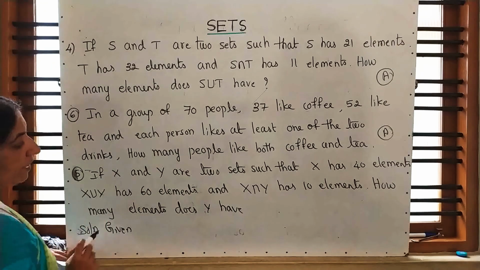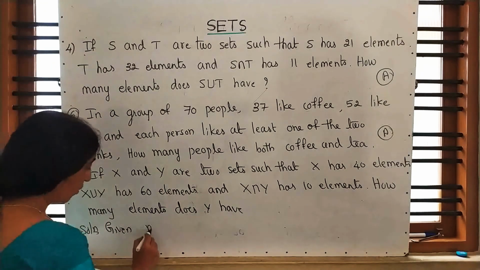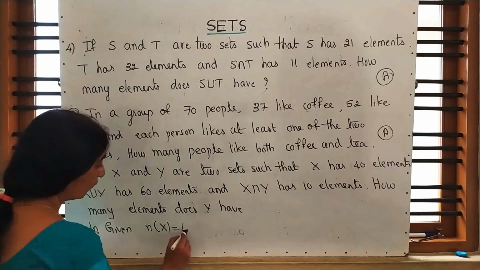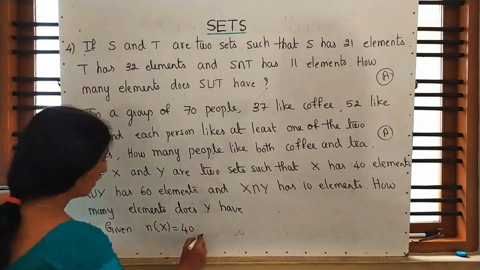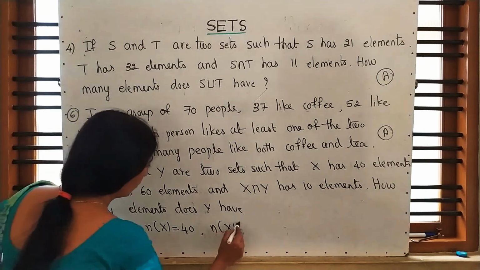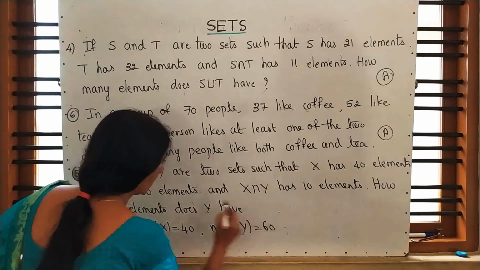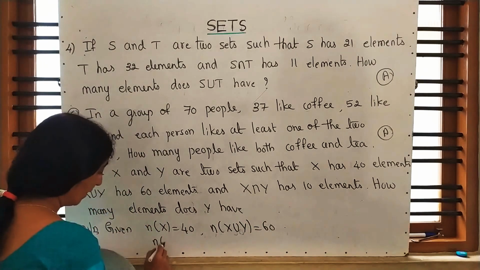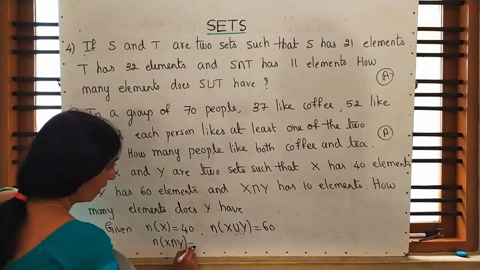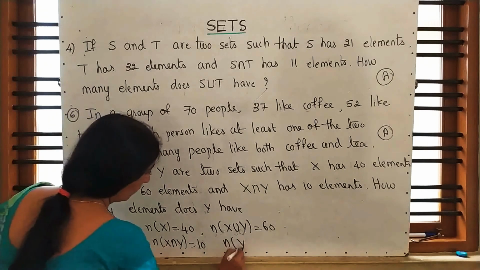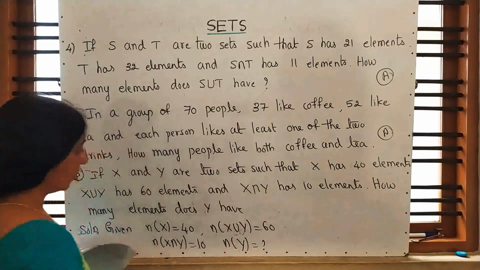If X and Y are two sets such that the number of elements in X is 40, the number of elements in X union Y is 60, and the number of elements in X intersection Y is 10. They are asking the number of elements in Y. Understood?